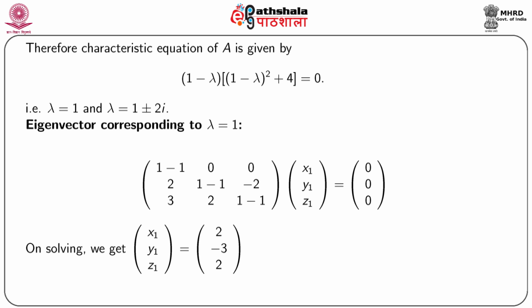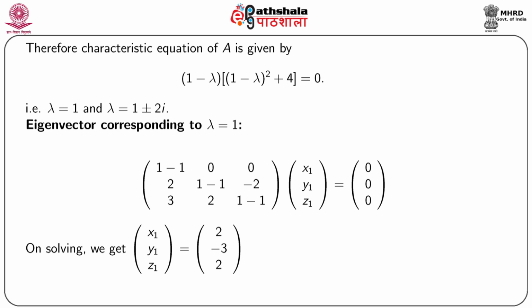Now, if you solve this, from the first equation you get 0 x1 plus 0 y1 plus 0 z1 equal to 0, then 2 x1 plus 0 y1 minus 2 z1 equal to 0, and 3 x1 plus 2 y1 plus 0 z1 equal to 0. We are not looking for the trivial solution, that is, when x1, y1, z1 are all equal to 0.